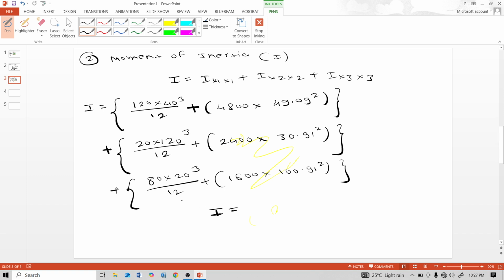I calculate this first bracket, 4800 multiplied by 49.09 square plus 120 into 40 cube divided by 12.